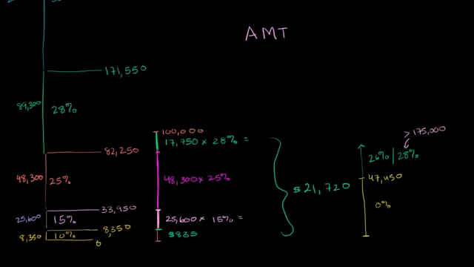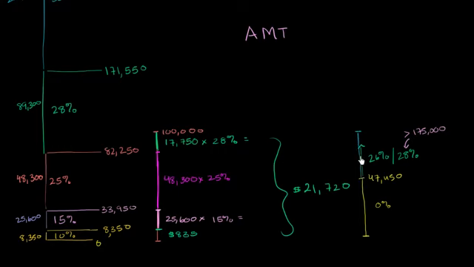So alternative minimum tax for someone making $100,000. What I've drawn right over here applies if you make less than $300,000. The first $47,000 or so is exempt when you're calculating the alternative minimum tax. So for this person making $100,000, we're just going to have to consider the balance above $47,450.